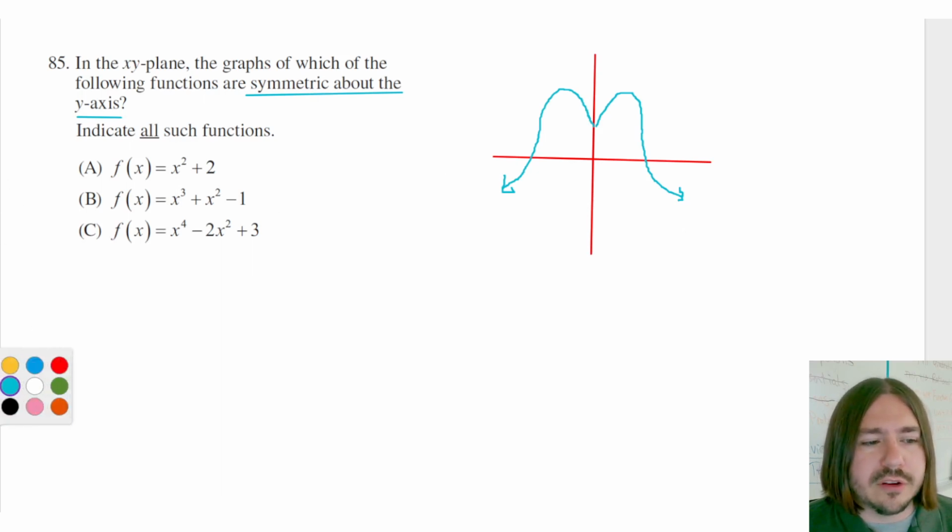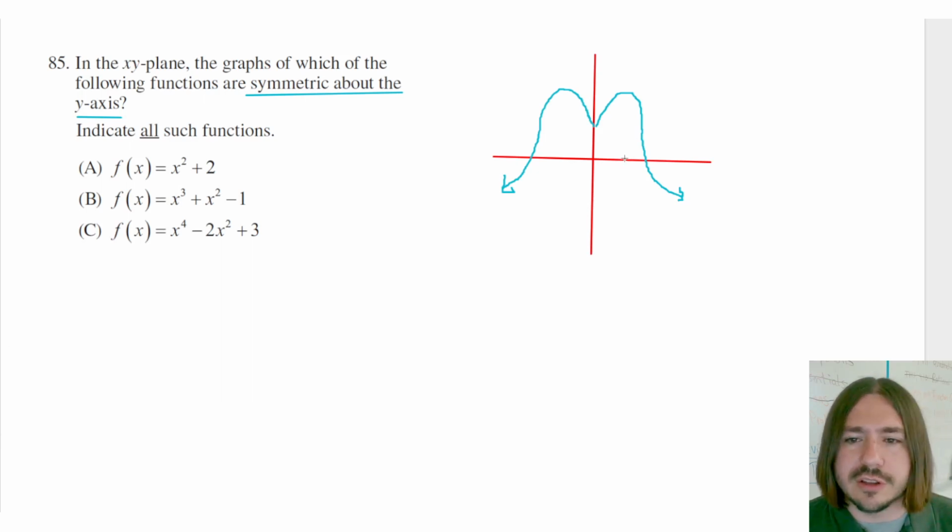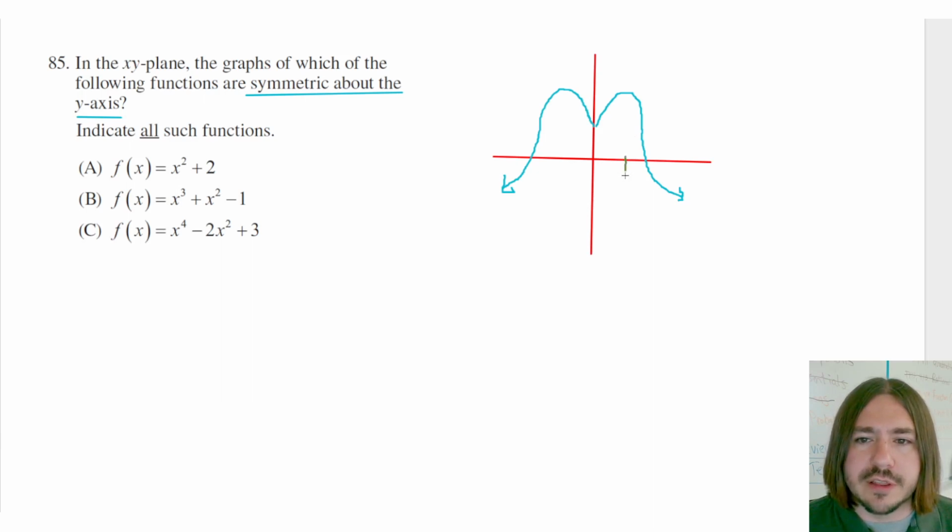So here's the trick. We want to be able to determine that, so let's look at this graph that I've drawn here. Let's say, and I'm just making up these numbers, that at 1, this function value is, let's say, 3.